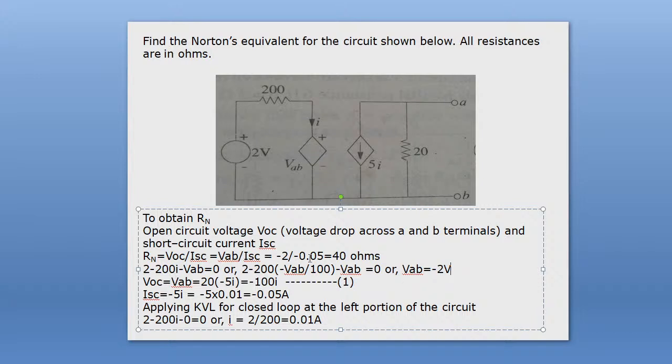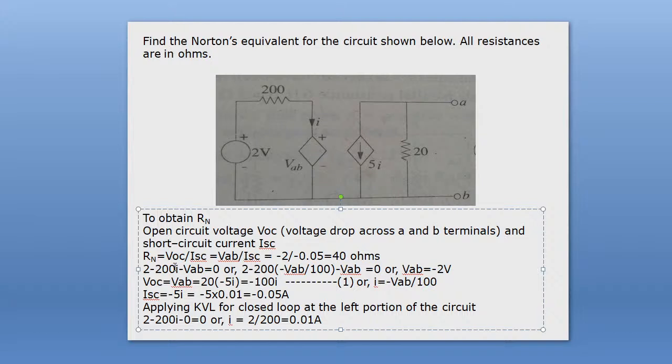And I equal to nothing but minus VAB by 100, because we have got here I equal to VAB by 100 in magnitude.